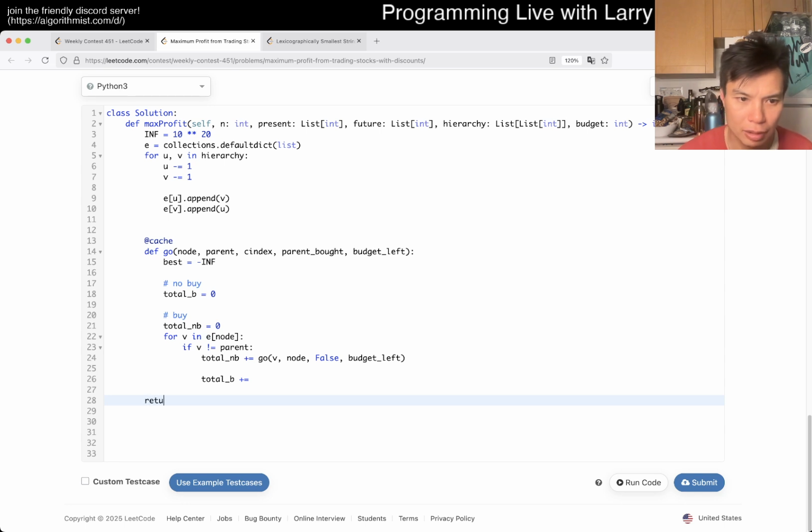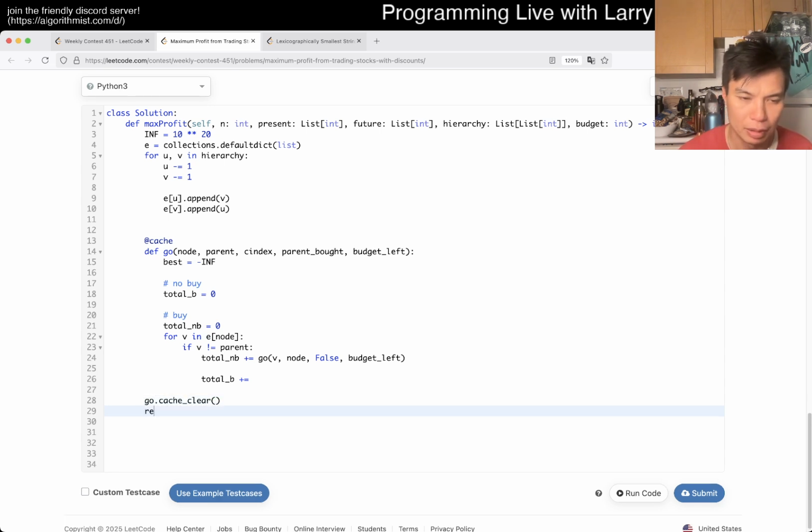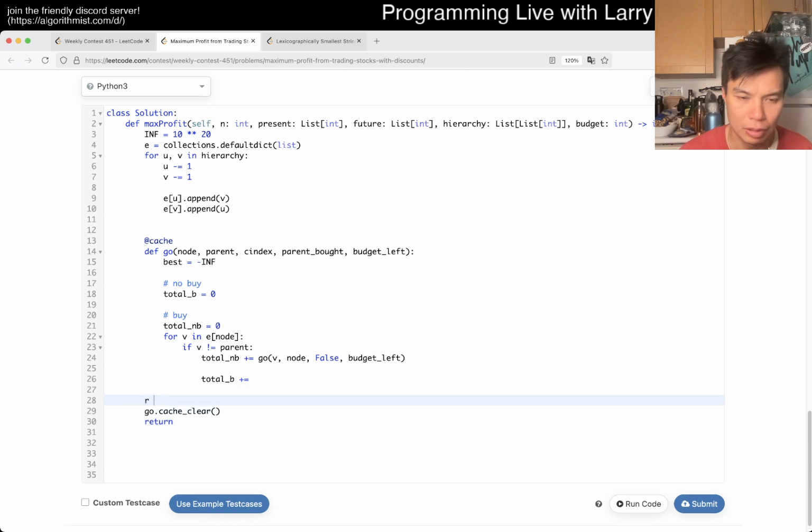Then the end. Okay, go.cache clear. Always remember. We want all is equal to go. We want node 0, no parent. Child index is just 0, for example. Parent bought, false, and budget left is just going to be budget. And then we just return out. Okay, so that's good. And then now what we want is actually not this.